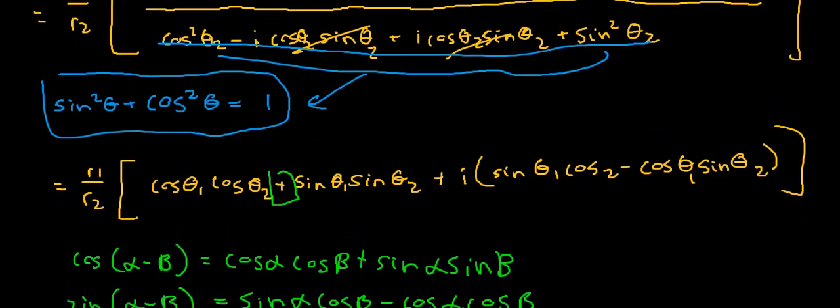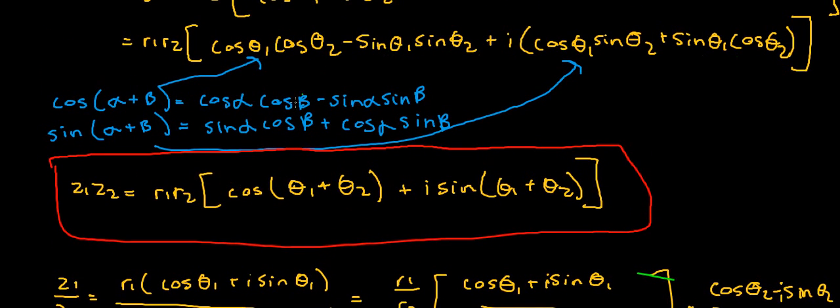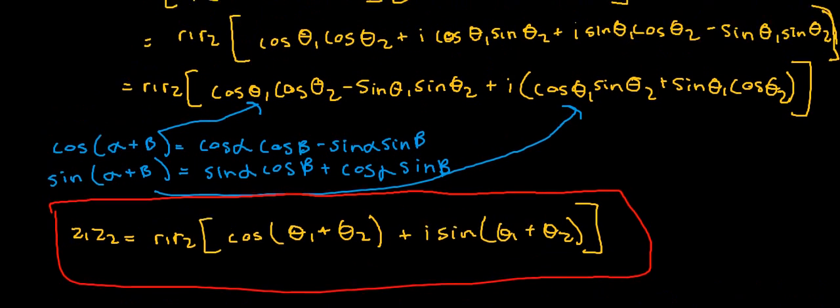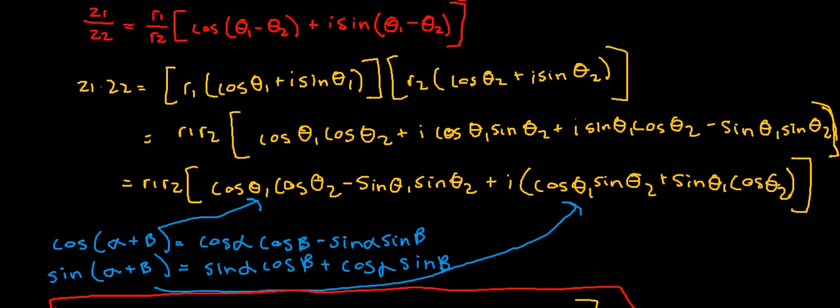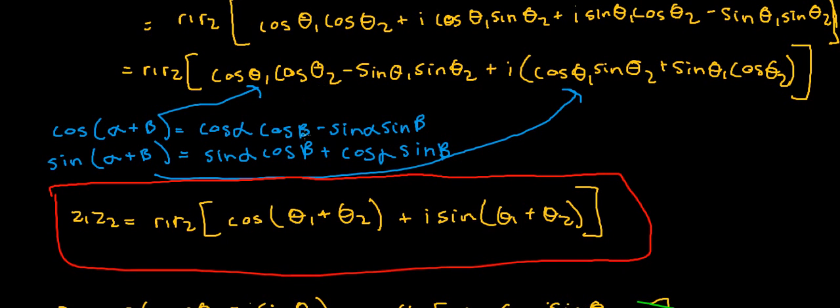There we go, solved it, because this is definitely a minus sign. Yeah, this is a minus sign. Alpha plus beta is a minus sign.